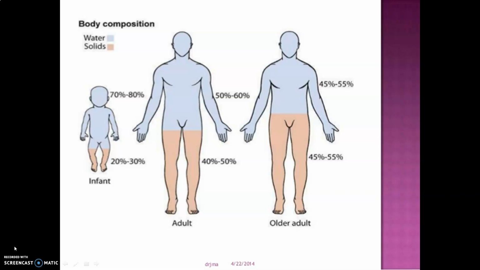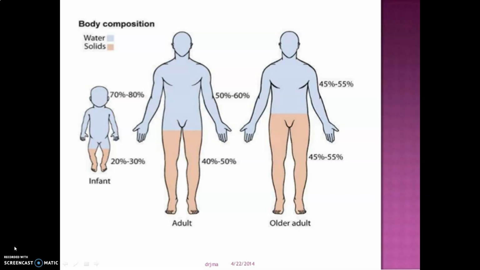Solids can be anything, such as electrolytes. Then in the adult, 50 to 60% of body composition is water, and 40 to 50% is solids. Next, in the older adult, a bit aged, 45 to 55% of body composition is water, and 45 to 55% is solids.